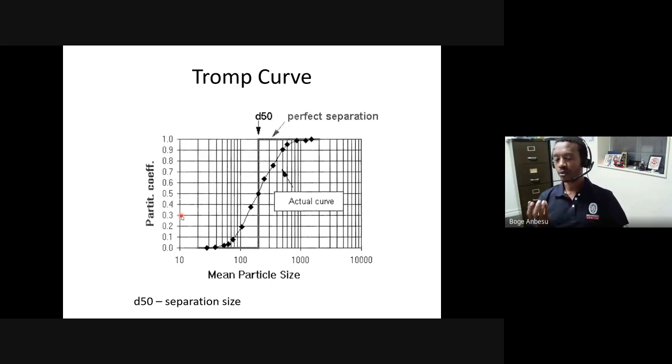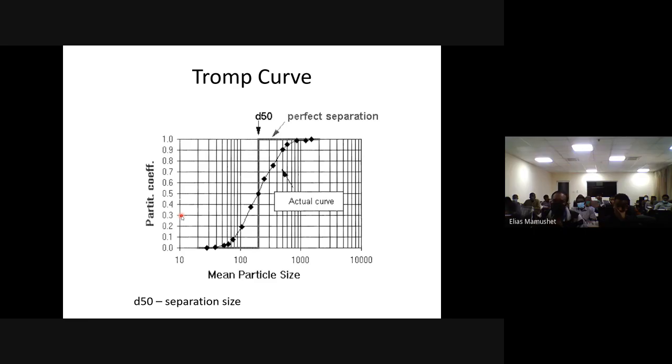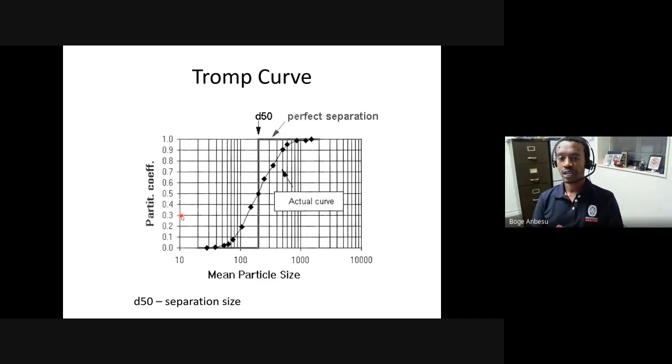So if you give me the feed, the product, and samples from the fine and coarse, I will just construct a partition curve, and I can tell you whether the screening operation was good or bad, just based on what the curve is showing.